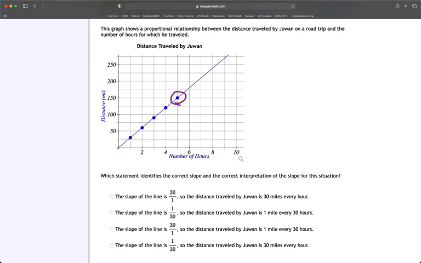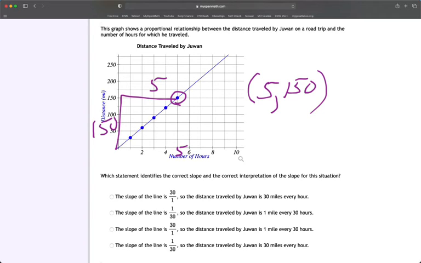And it looks like there's one right here, at 5, 150. So we're figuring out the slope in this one. We are rising 150 and we are running 5. And so 150 over 5 is 30. So I know that my slope is 30.